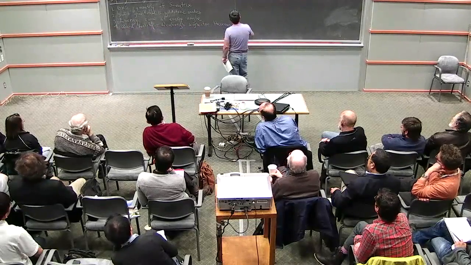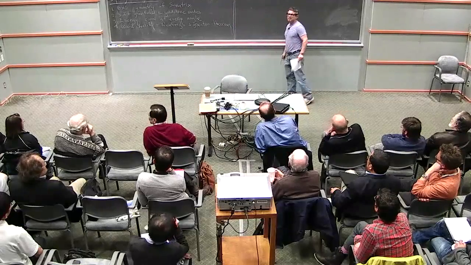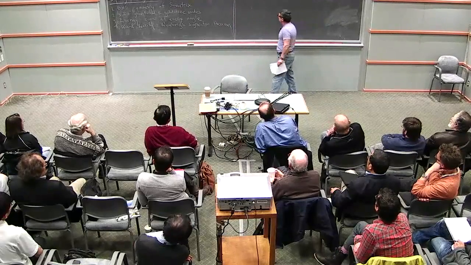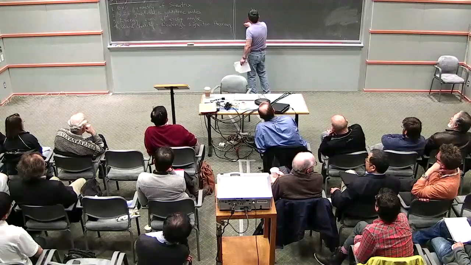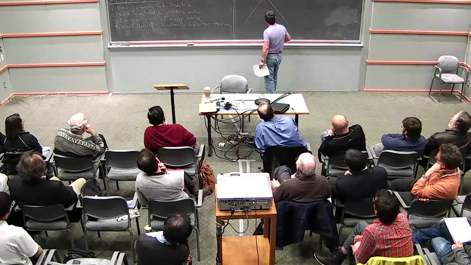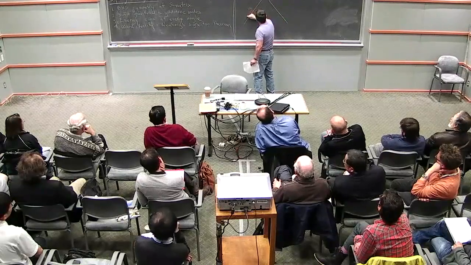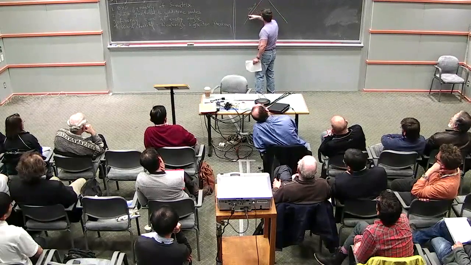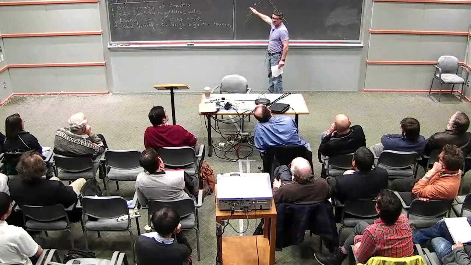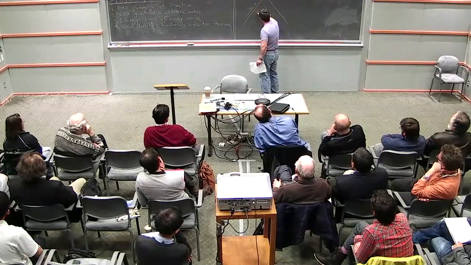Okay, so let me start by giving a lightning review of what BMS transformations are. So I'll start with a picture of Scri plus, or the future half of Minkowski space. And it's natural to adopt coordinates, retarded time u, which runs from plus infinity to minus infinity on Scri plus.